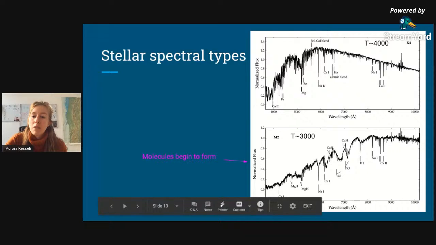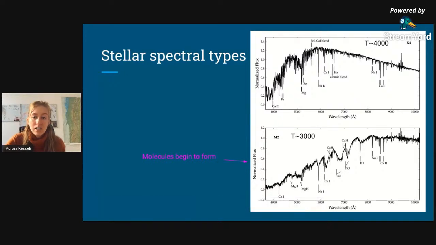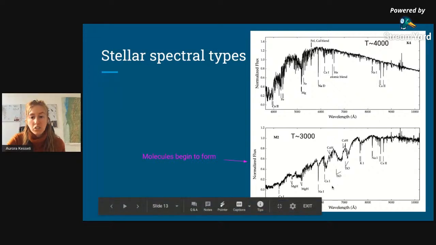So here we have calcium hydride, and over here we have magnesium hydride. We don't see the hydrogen lines anymore because the stars are a bit too cool for that. But we do see more neutral metals, like calcium I here instead of calcium II that we saw before.